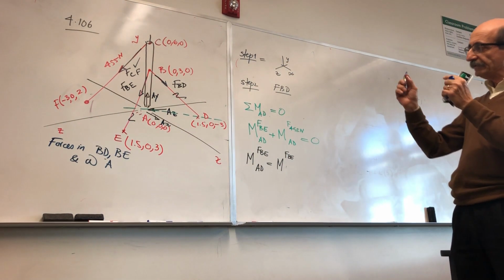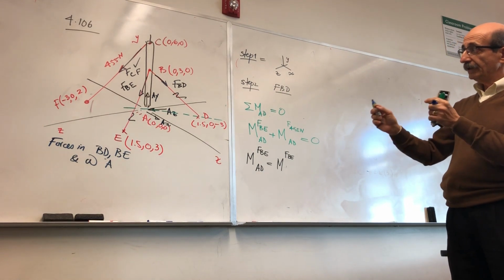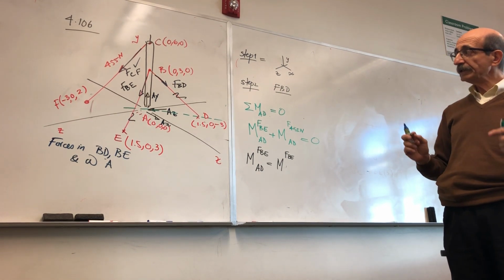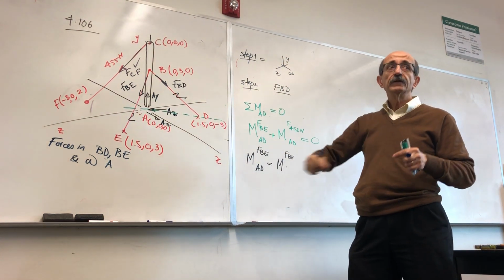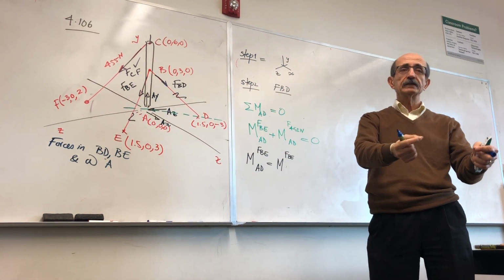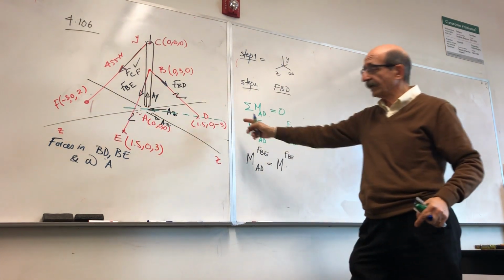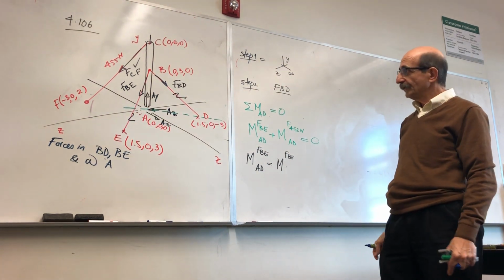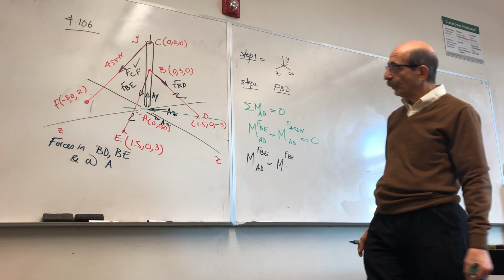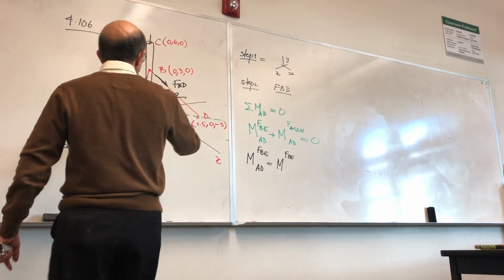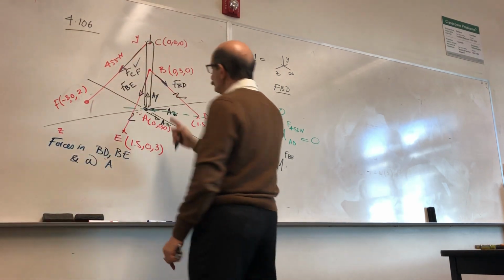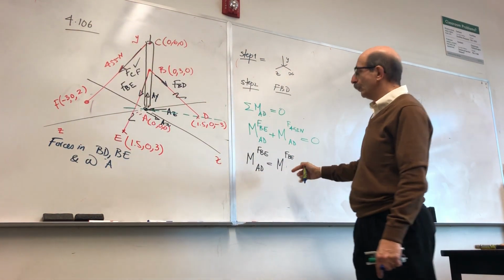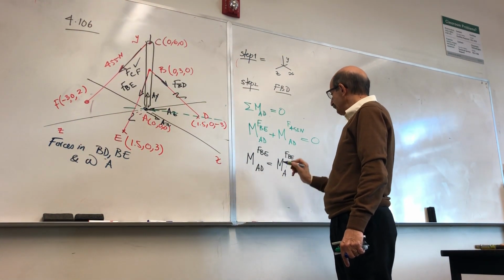It is the moment of that force about a point along that axis, dot product with the unit vector of this axis, right? The easiest point to consider along this axis would be point A. So if I want to find the moment of this force about point A, right?